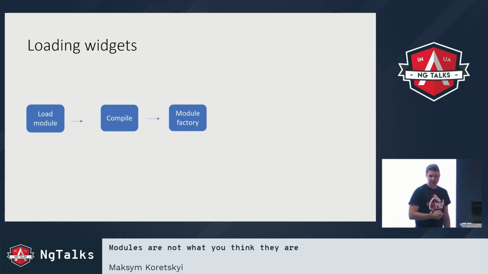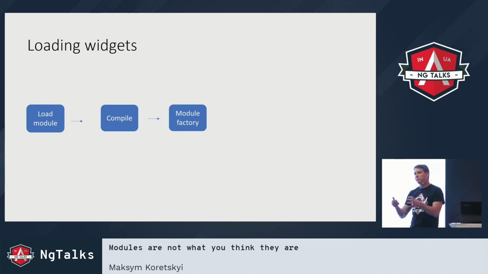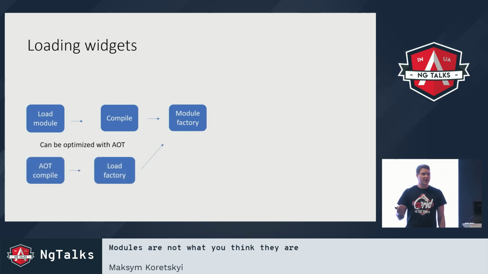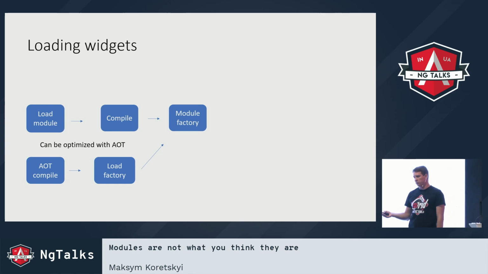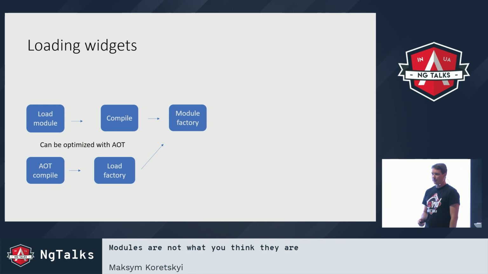Interestingly, I mentioned that briefly: this is the JIT compiler that's used here, if you compile on the client side. However, you can easily optimize that using the ahead of time compiler. Just take the module and compile it during build time, and you have a factory as an output. And then simply load this factory to the client.